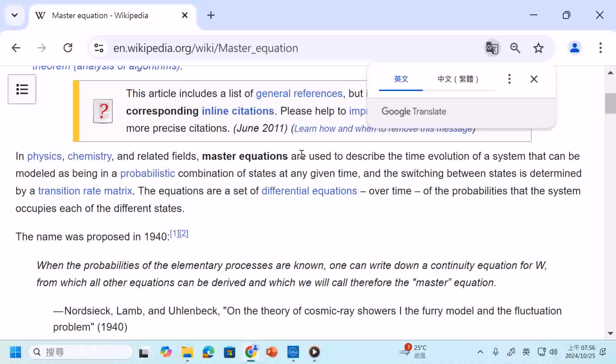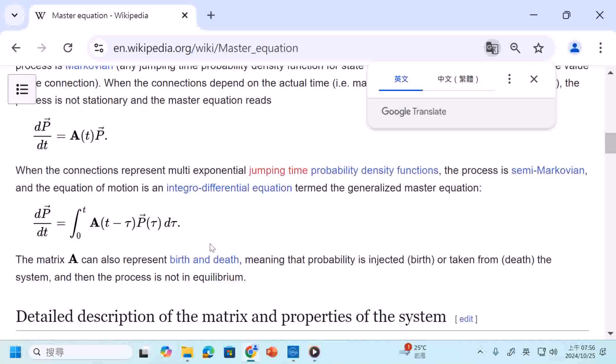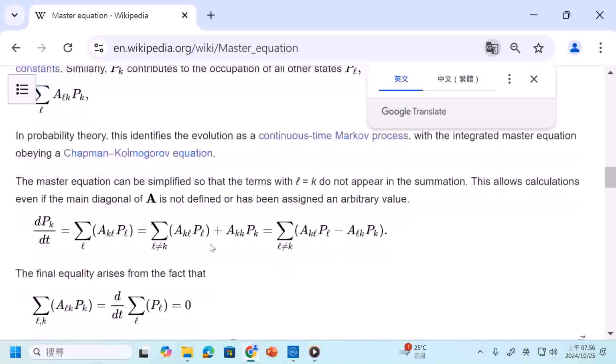It's called a master equation, or a chemical master equation. We call it a chemical master equation because we are chemical engineering.